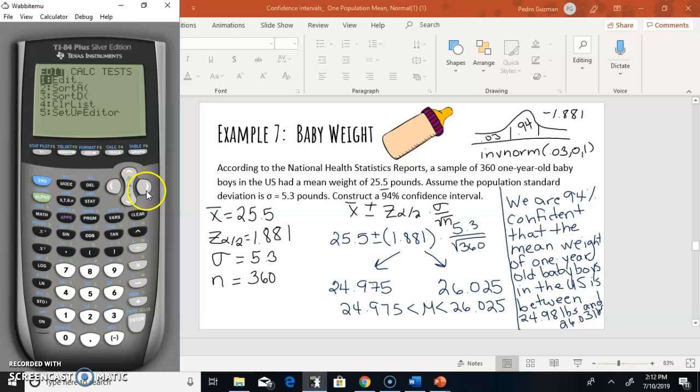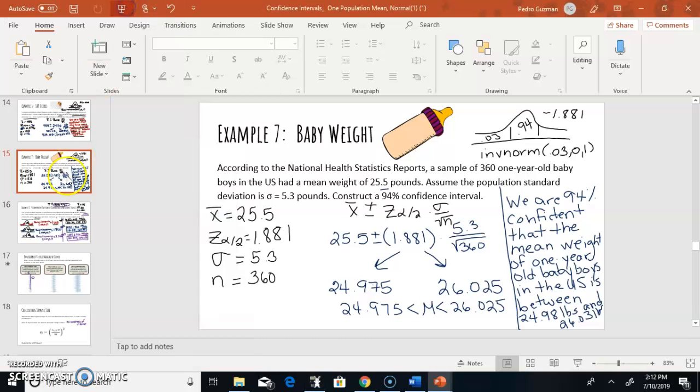Okay, if you want to do this with me, Stat Tests, number 7, again we know the population standard deviation, so we enter 5.3, x-bar is 25.5, N is 360, confidence level is 0.94, calculate. 24.975 to 26.025. So, pretty awesome.